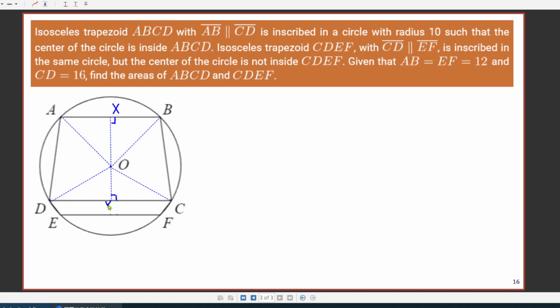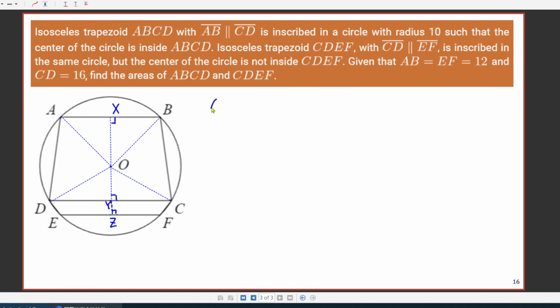X is here, Y is here, XY is perpendicular to both AB and CD, right? And let's extend XY a little bit and let the foot here be point Z. Again, XY is parallel to CD, AB, and EF, right?